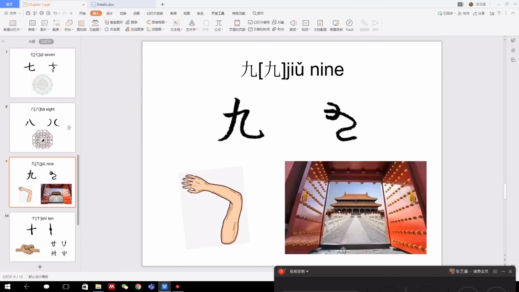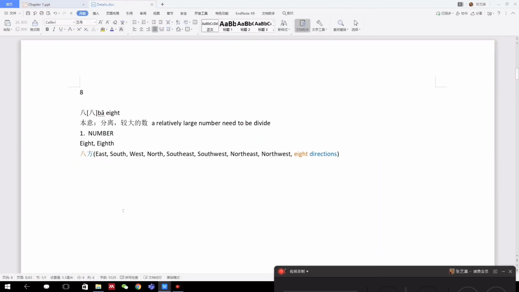In ancient time, only the royal family could decorate their doors in this way. In ancient China, if you decorate your door in this way, you will be executed. And in modern Chinese, it can mean 9.